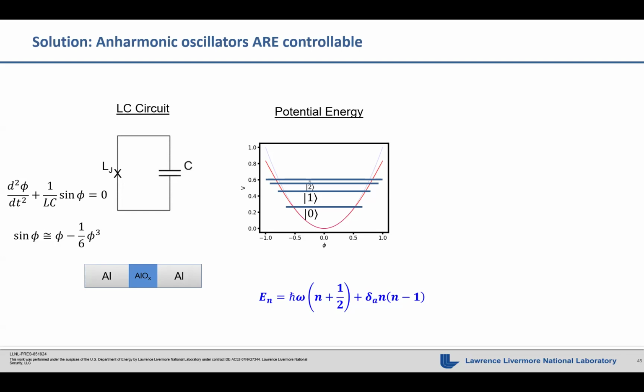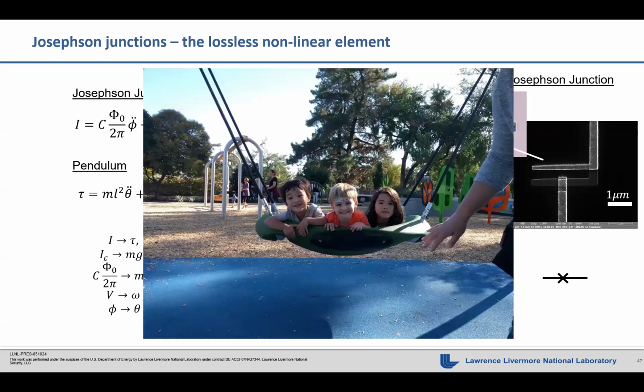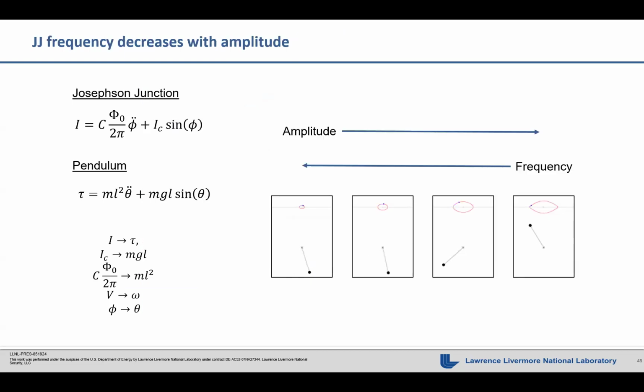Now, there's a really nice analogy to this, and that's pendulums. It turns out that a pendulum has exactly the same equations of motion as a Josephson junction. So next time you're playing with your kids on a swing, you can go and think about Josephson junctions and do all the math.